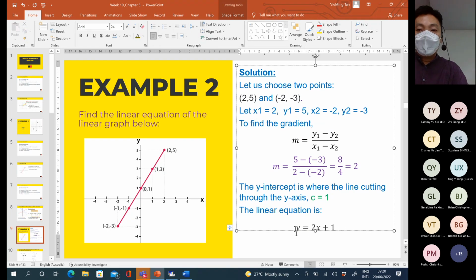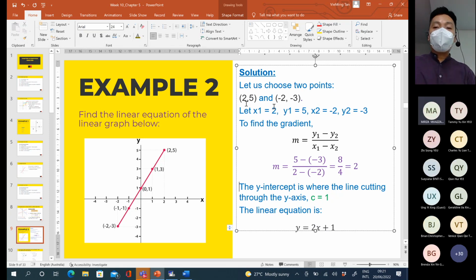You just need to substitute the m value from here, 2, and the c value from here, 1. So this is the name of the linear equation that will join these two coordinates. So in order to form the linear equation, you need to have the m and also the c.